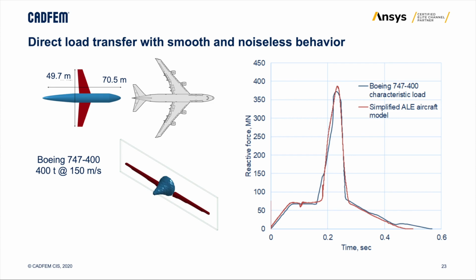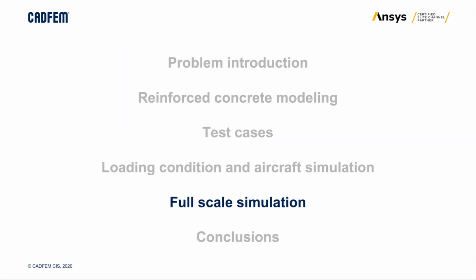You can see that our curve is pretty much the same as the input curve, and also our curve is noiseless. This is a natural feature of the FSI interface. You will not see noise and the reaction will be smooth. This will allow us to precisely transfer aircraft load to any structure.